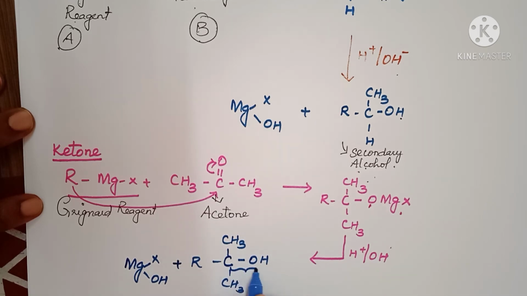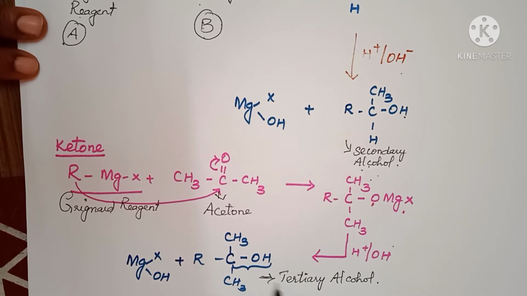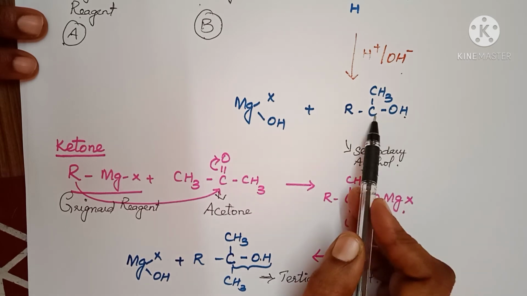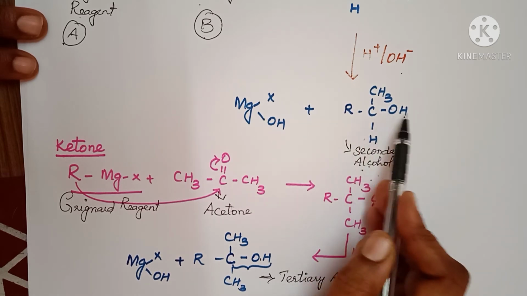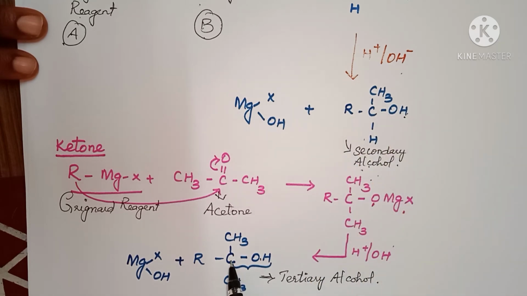COH is a tertiary alcohol. You just remember, primary alcohol means CH2OH. Secondary alcohol means CHOH. Tertiary alcohol means only a carbon atom attached with the hydroxyl group, that is COH.